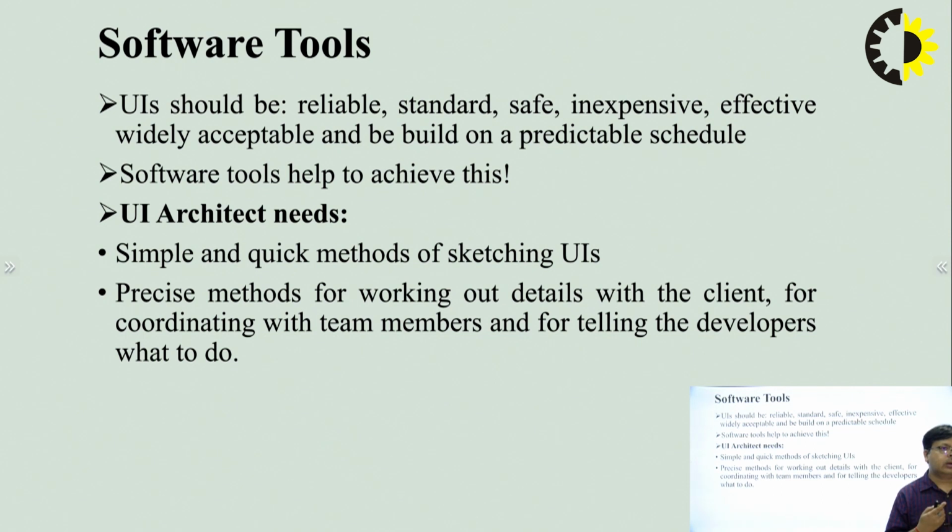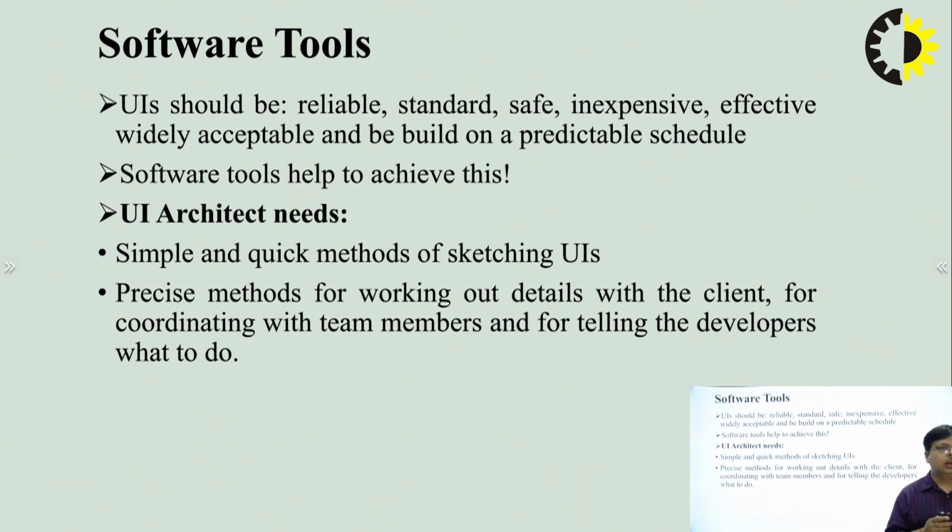Now, what should a UI architect understand before using these software tools? User interfaces should be reliable, standard, safe, inexpensive and effective, widely acceptable, and built on a predictable schedule. These are the expectations from any user interface.